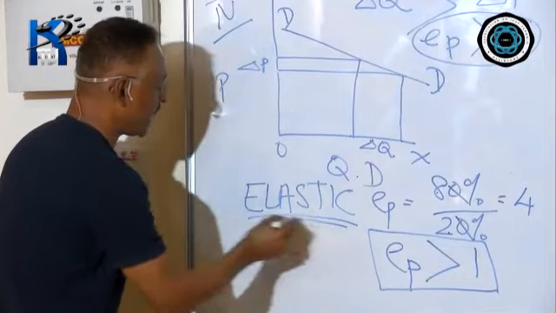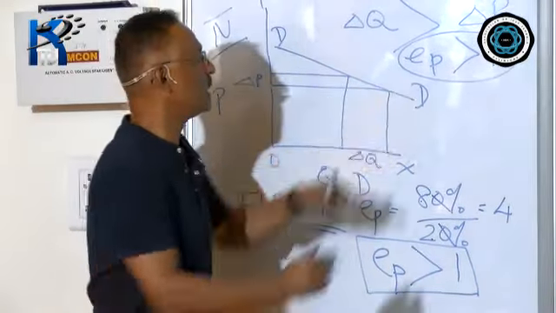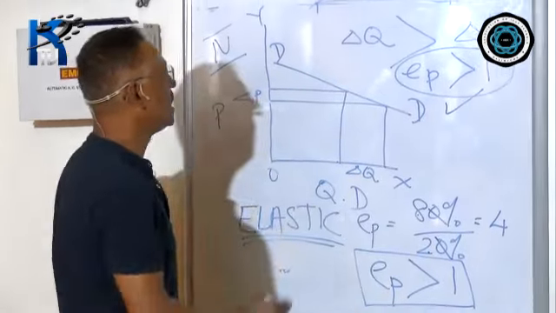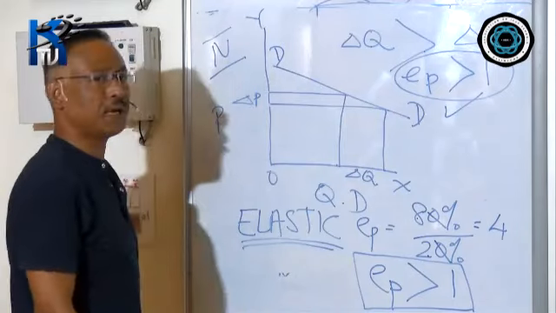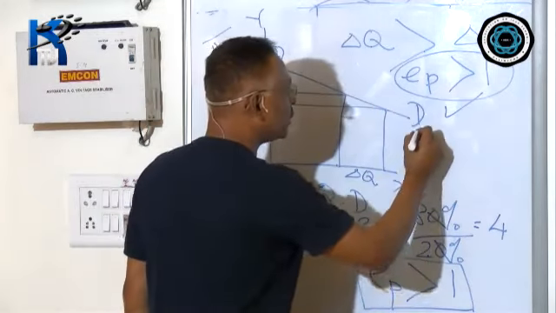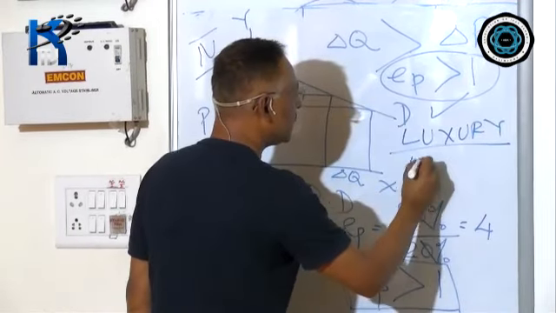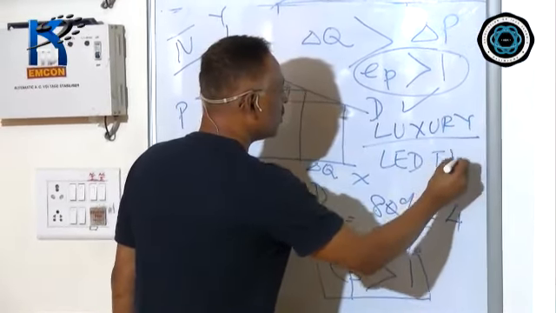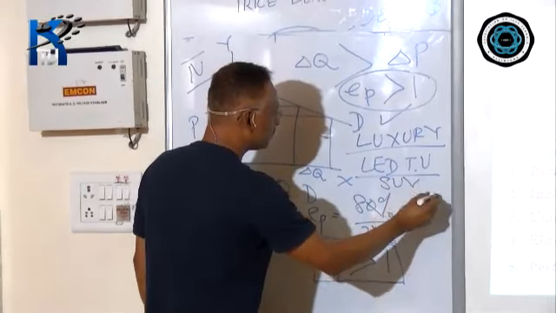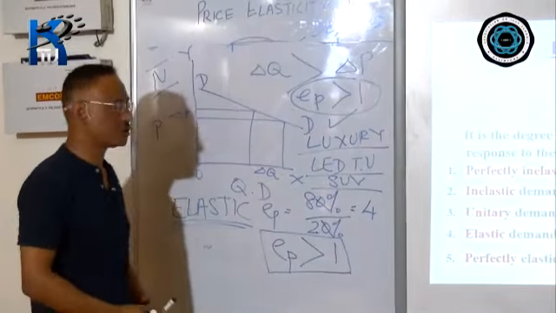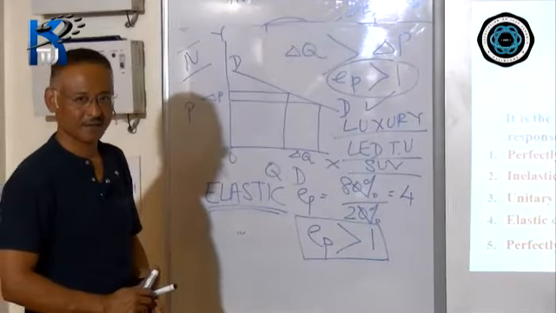Very sensitive to the price, elastic demand curve. EP is greater than 1. Delta Q is greater than delta P. A typical example is any luxury good, like LED TV, SUVs, high-end mobile phones, iPhones, OnePlus 8.